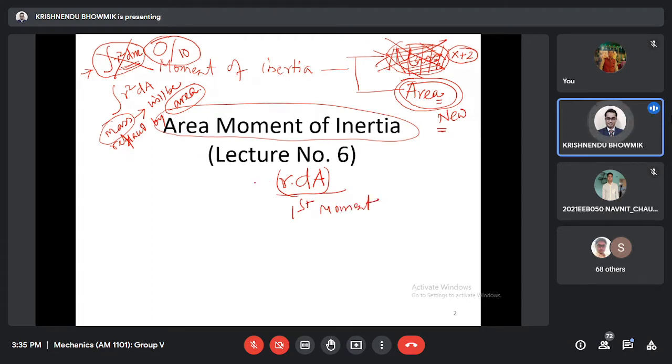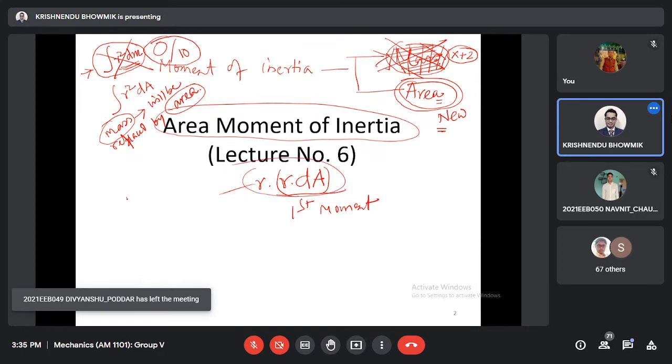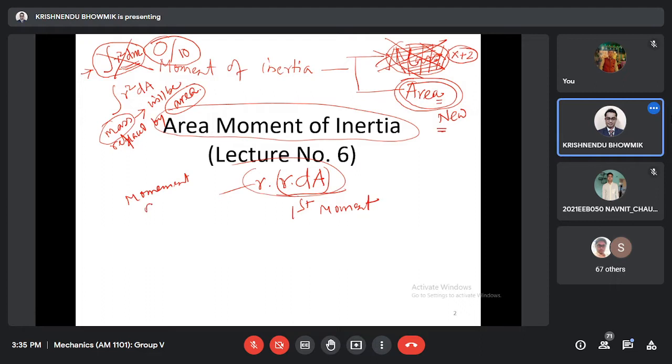If you take another moment, a moment of a moment, we call it the second moment of area. This is the first moment of area. Here it is the second moment of area.